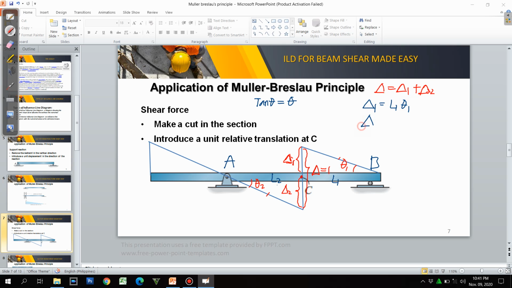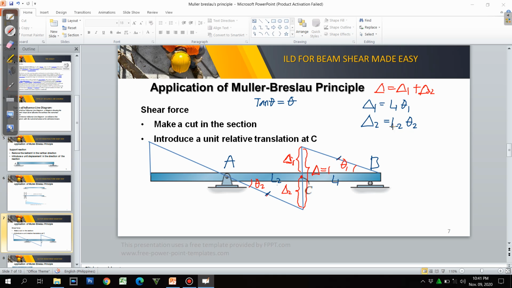Similarly, delta 2 will be equal to L2 theta 2. And since these two lines here, or the slope of the ILD for those deltas, we can use ratio and proportion.